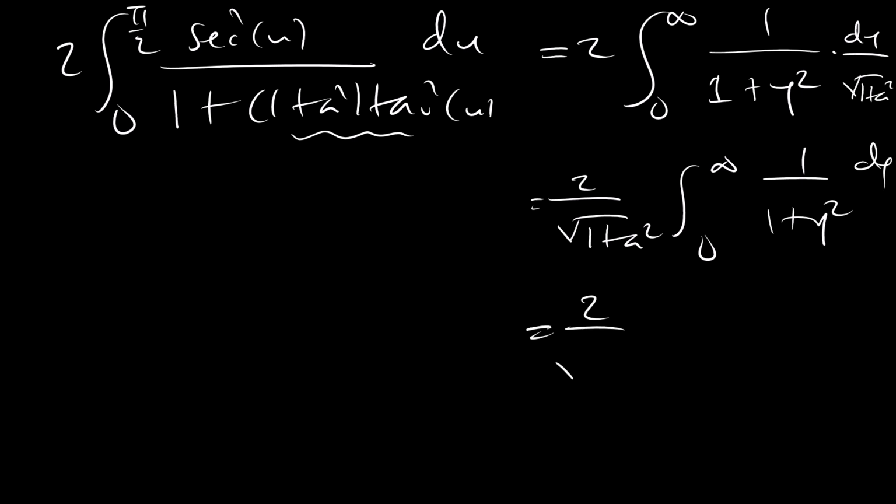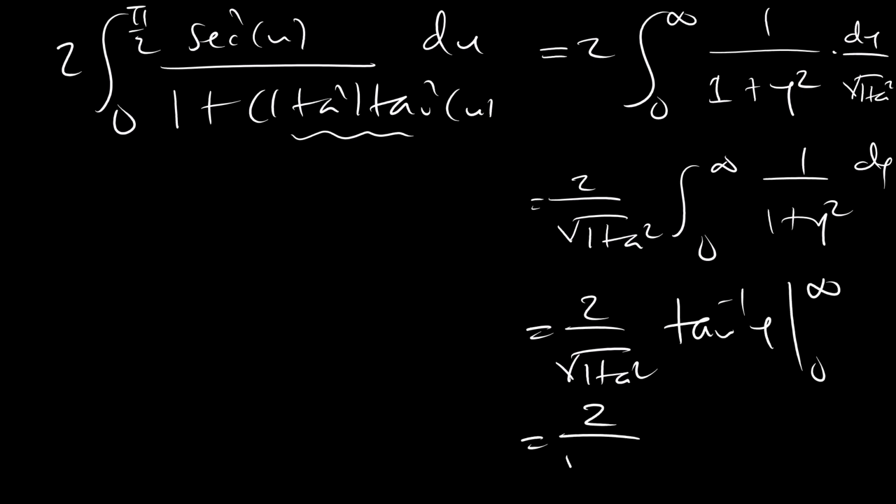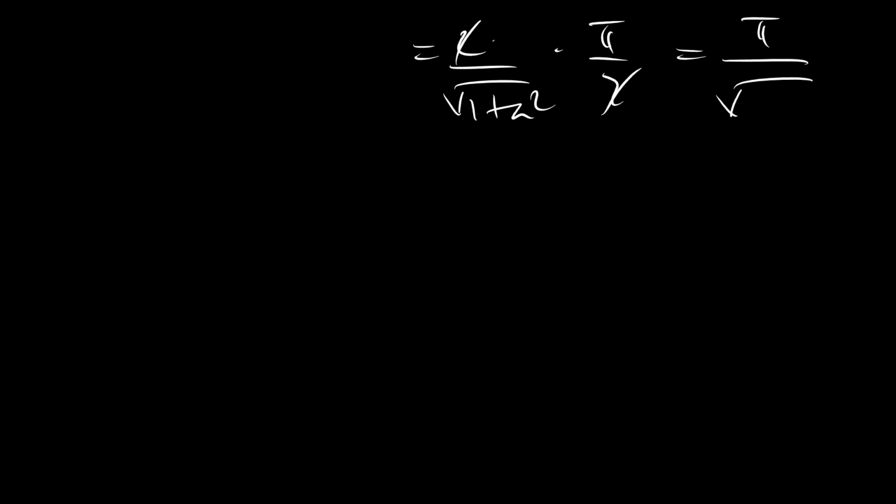So we have twice over the square root of 1 plus a squared times arctangent of y from 0 to infinity, which is pi over 2 minus 0. So we have twice over the square root of 1 plus a squared times pi over 2, which is equal to pi over the square root of 1 plus a squared.